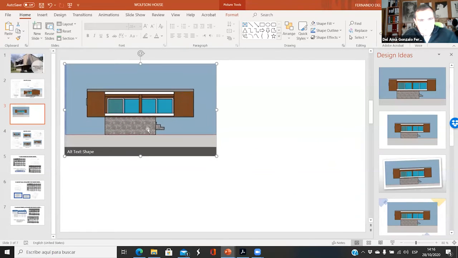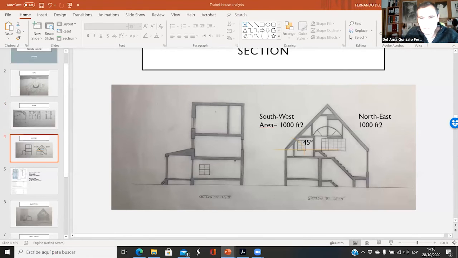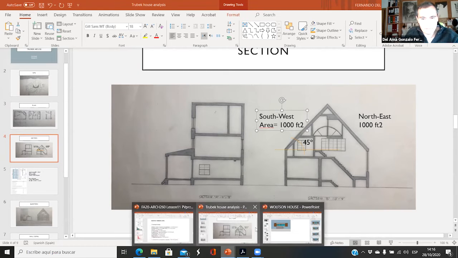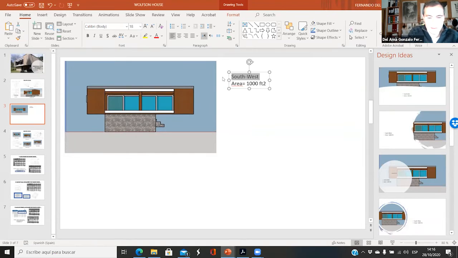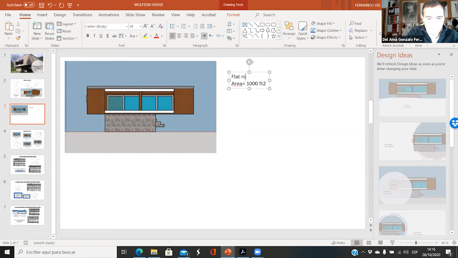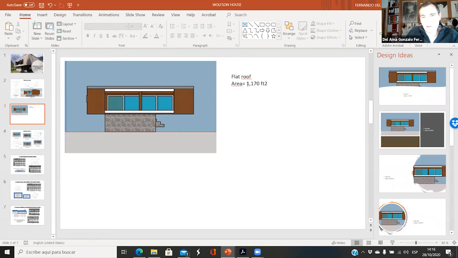Okay, there you go. The area. Well, first, it's a flat roof. The area is around 1,170 something, 1,170 square feet.